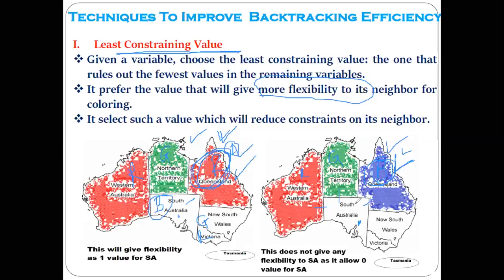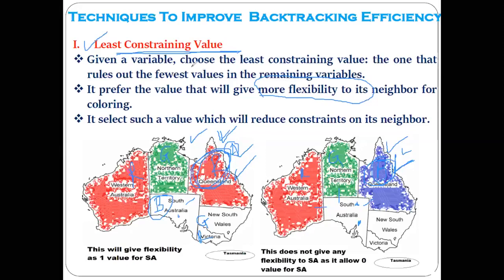But are we getting that kind of flexibility in this case? No. So that is the first technique related to choosing a particular value for certain variables, and that technique is the least constraining value. Now you can understand the definition.